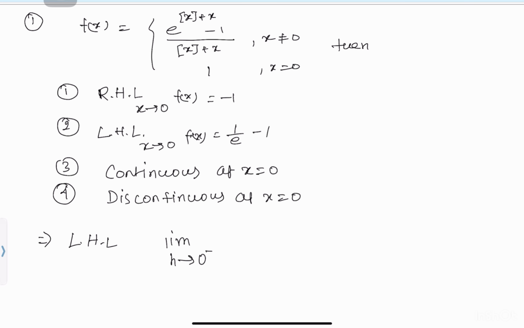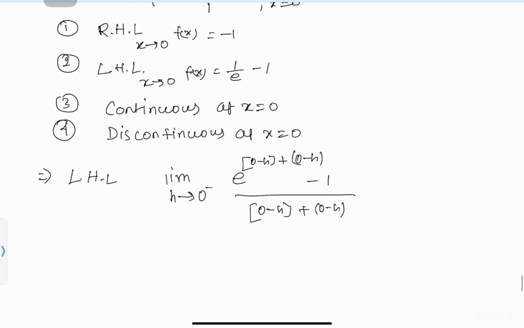Clear? So e to the power cos of 0 minus h plus 0 minus h minus 1 divided by cos of 0 minus h plus 0 minus h. I already covered that in the limit chapter, so that's why I am writing directly.